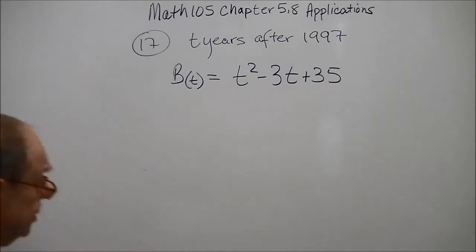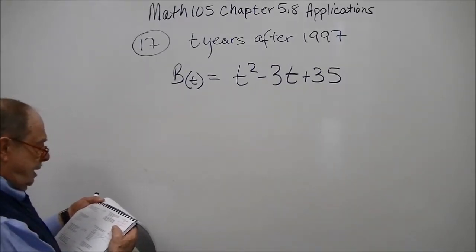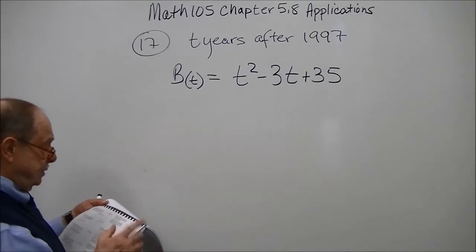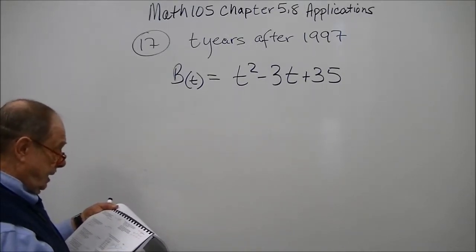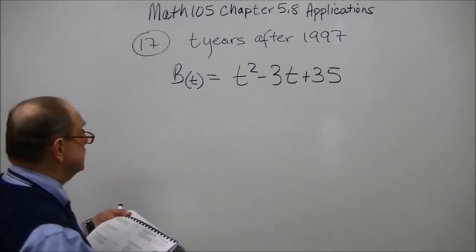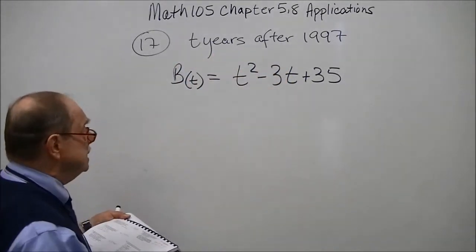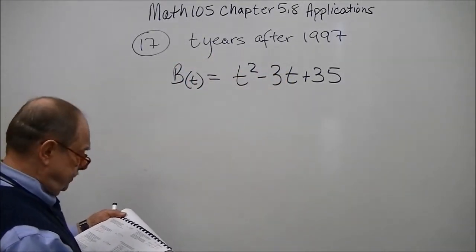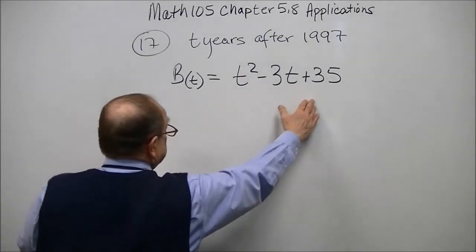Now this is a little wordy, so I'm not going to write it all out, but I'll read it to you. It says, the number of barrels of U.S. ethanol fuel production in millions, t years after 1997, is approximated by this function right here.